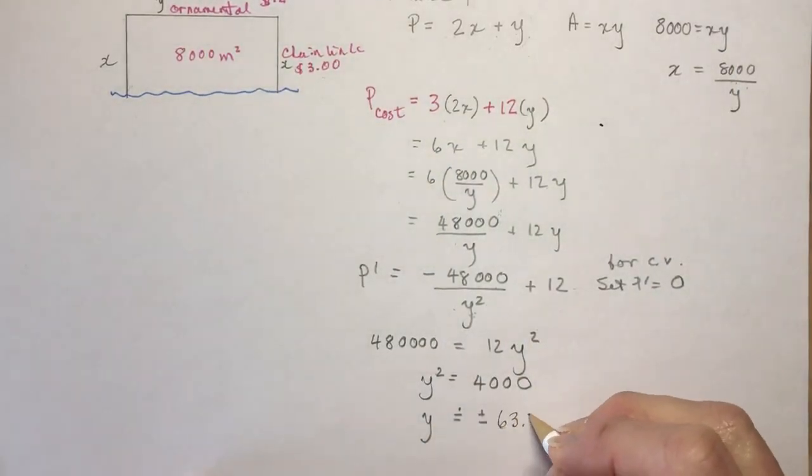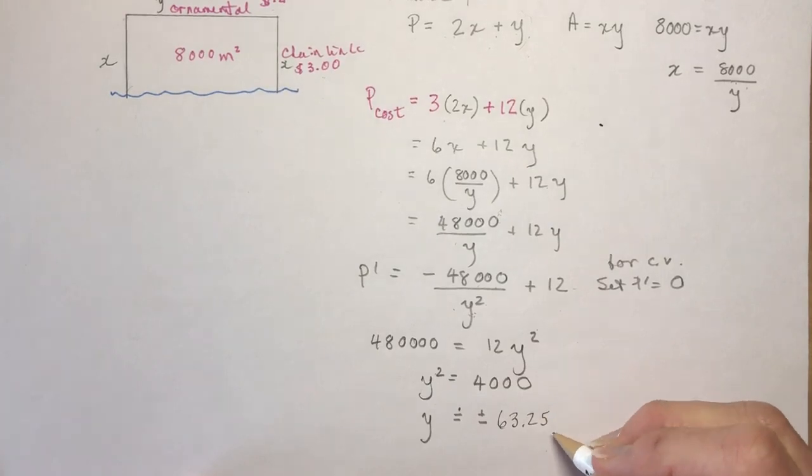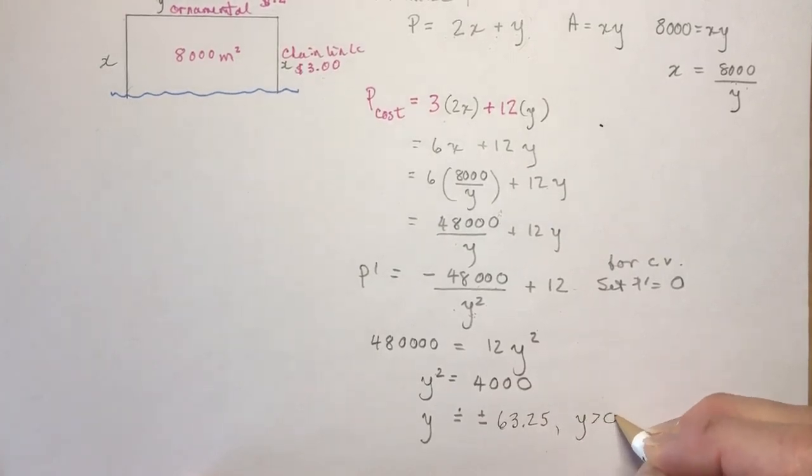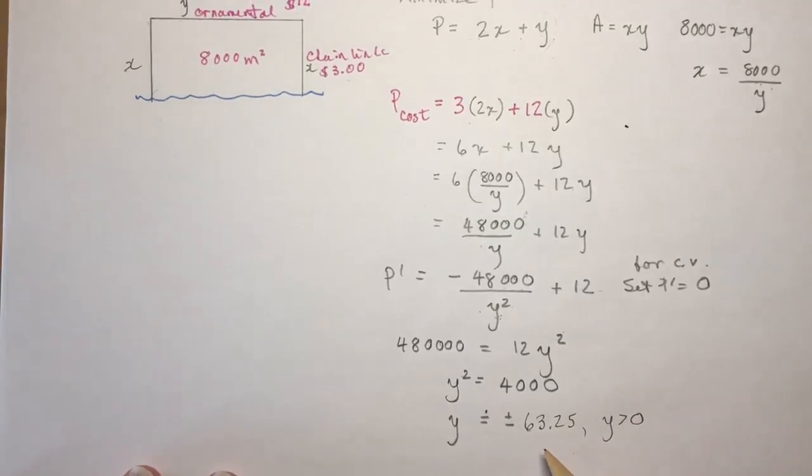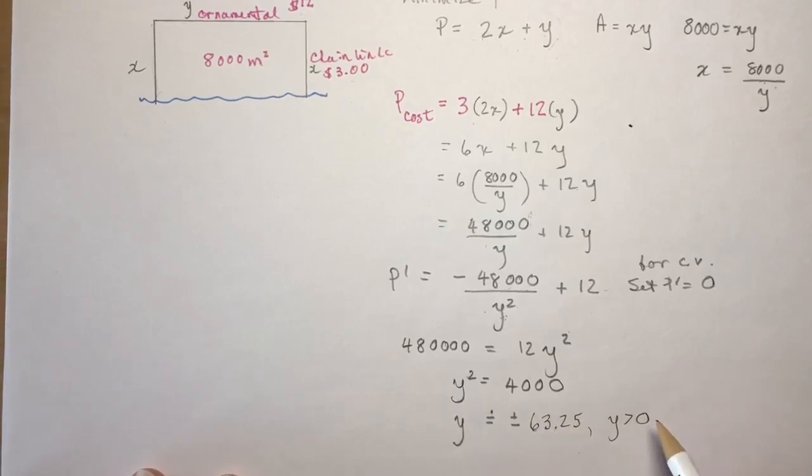And I always say plus or minus, and then I say y is greater than 0 because I can't have a negative length. So that means my y is going to be 63.25, and then let's just see what are the dimensions of the fence. Okay, so it's going to be 63.25 meters long. And so let's get what x is going to be.